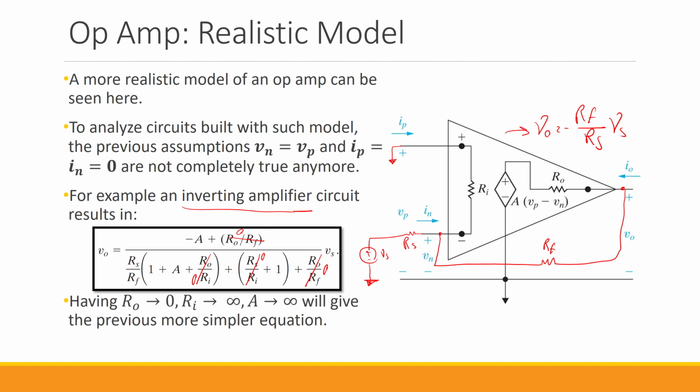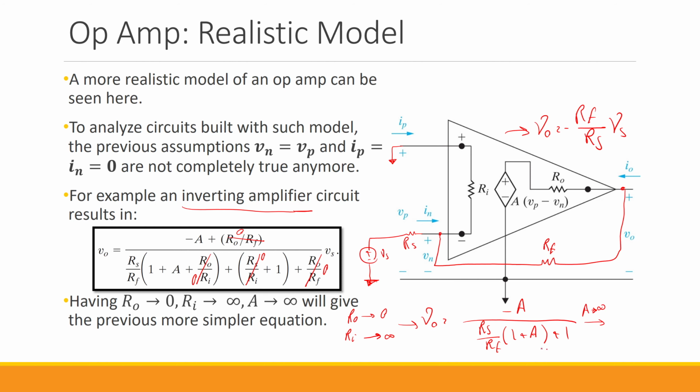So now in the numerator we have only negative A. In the denominator, if I assume Ro to be 0 and Ri to be infinity, VO is going to be negative A divided by Rs over Rf multiplied by 1 plus A, plus 1. The last condition happens when A goes to infinity.